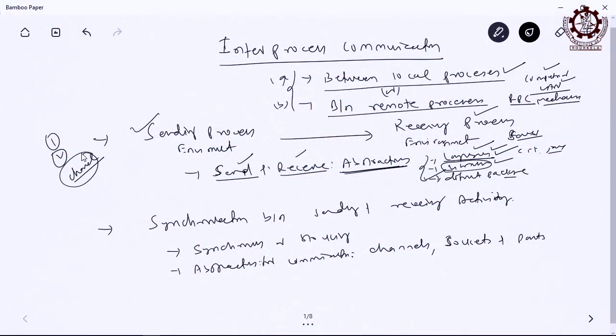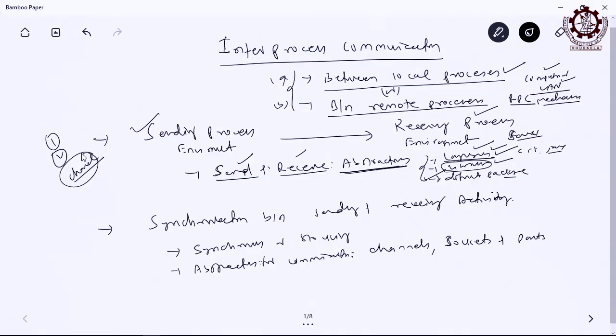We should name those channels, we should name those hardware devices, and we should use some kind of names that will indicate they are the real entities without worrying about the physical entities. So, that is called naming. Whether it is a channel or any process or anything you are using in a distributed system, it must be given a name, and that naming scheme should be such that whenever I access a particular channel, I will be referring to that physical channel, right.